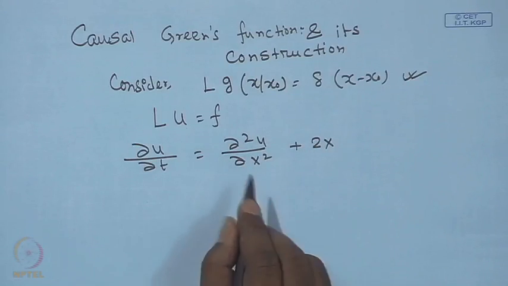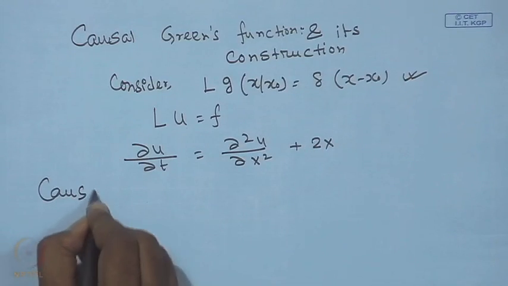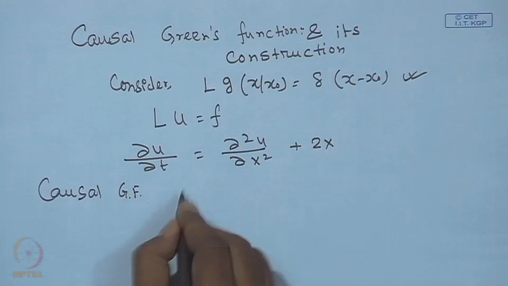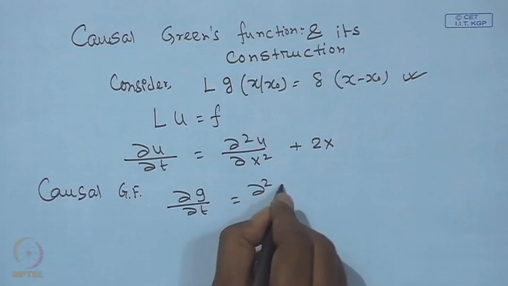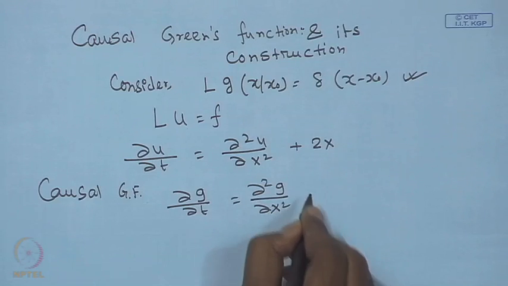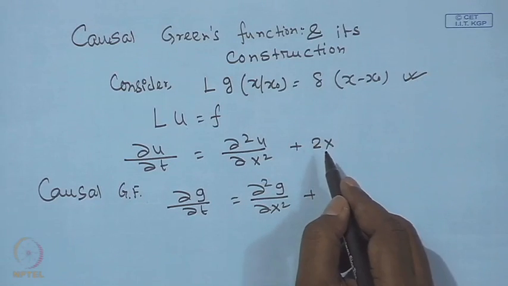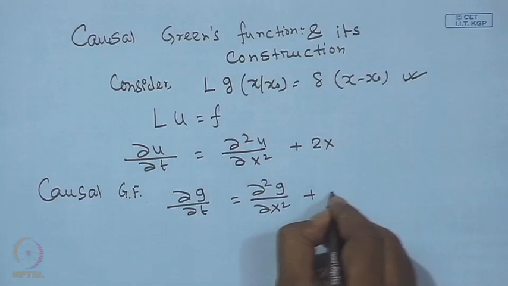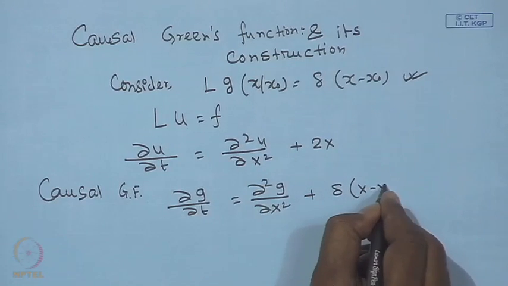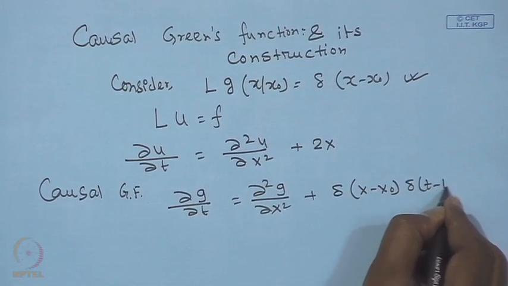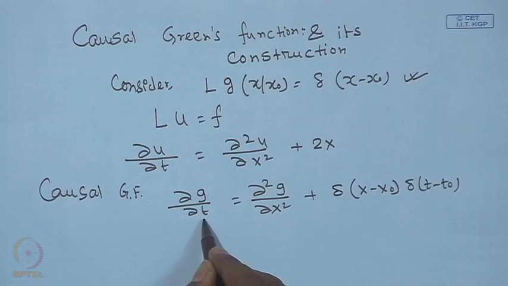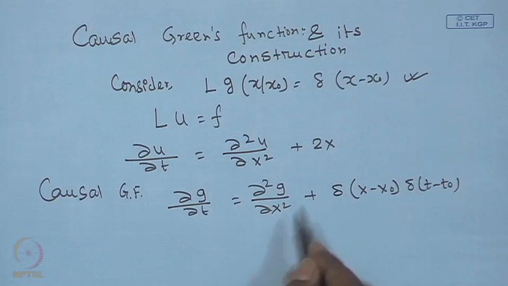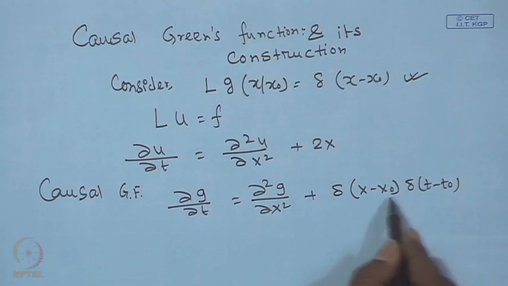So, f is 2x. Then the causal Green's function will be del g del t equal to del square g del x square plus the non-homogeneous term replaced by a Dirac delta function, delta(x minus x0) delta(t minus t0). See why there are two terms here? Because you have a two-dimensional problem, t and x independent variables. So, at the location x minus x0 and t minus t0, we apply the Dirac delta function.